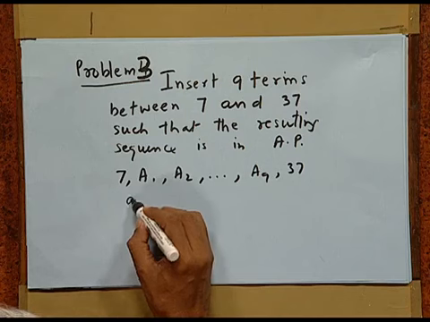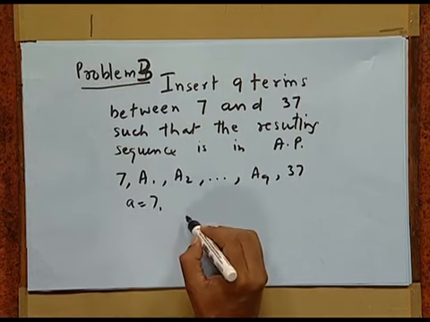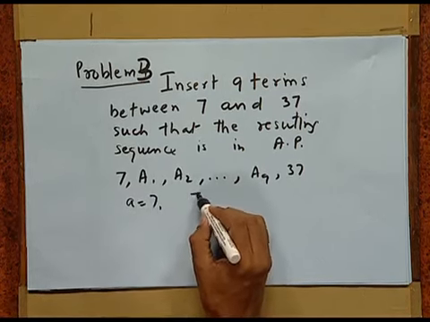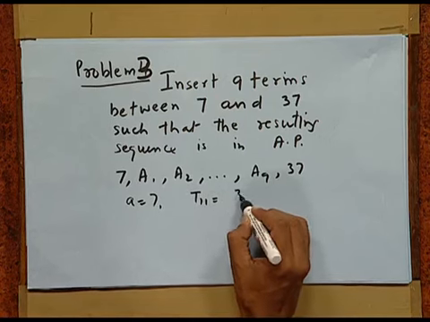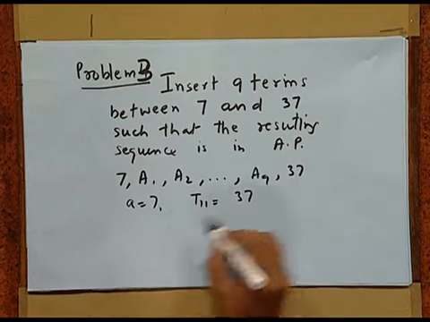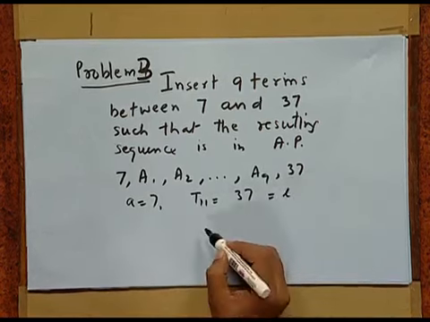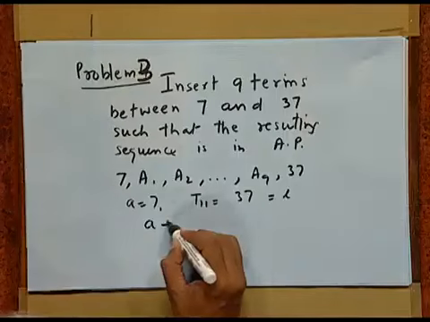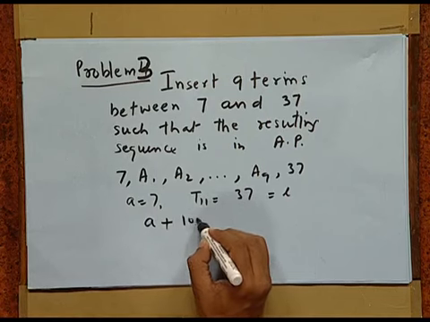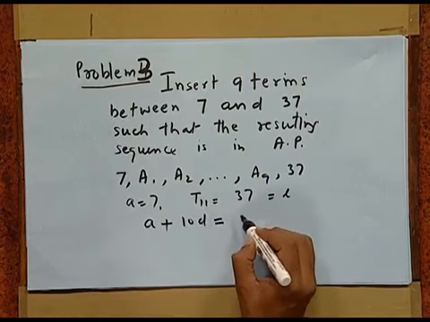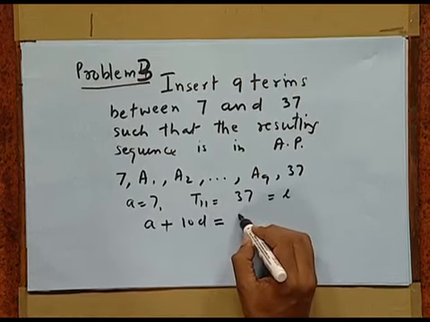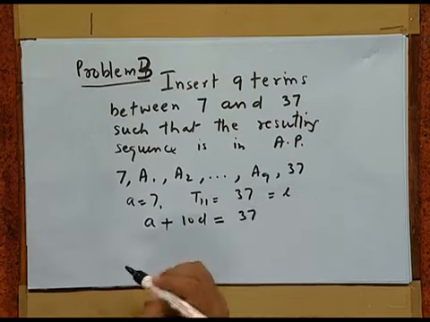Now here, clearly, first term is 7, that is A is 7. The 11th term is 37, that is L. We don't know the value of D, so we can find A plus 10D is equal to 37.